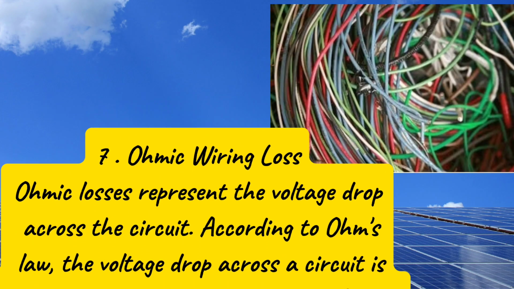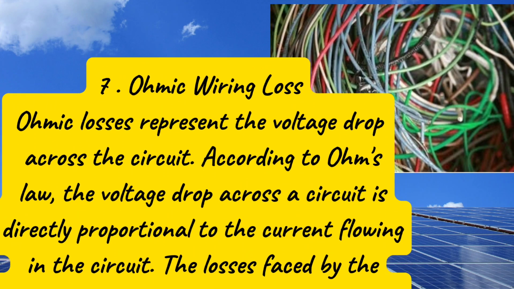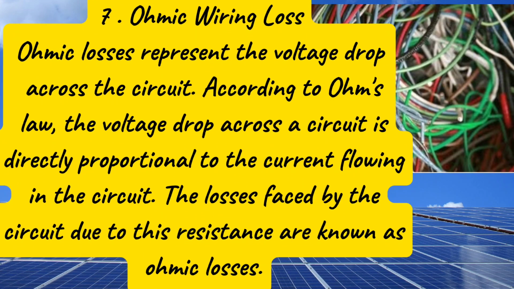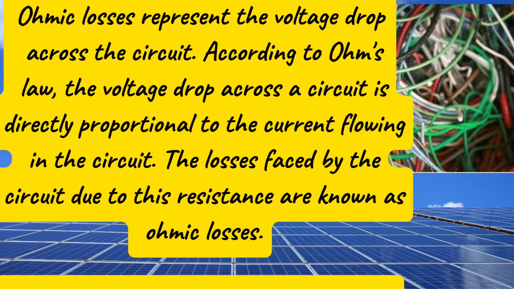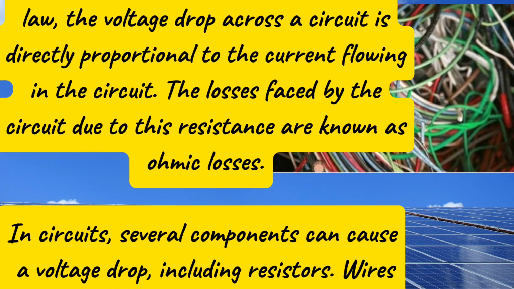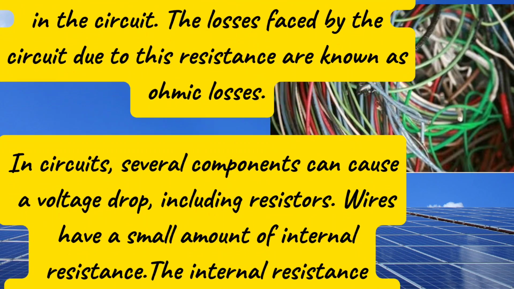Ohmic wiring loss. Ohmic losses represent the voltage drop across the circuit. According to Ohm's law, the voltage drop across a circuit is directly proportional to the current flowing in the circuit. The losses faced by the circuit due to this resistance are known as ohmic losses.